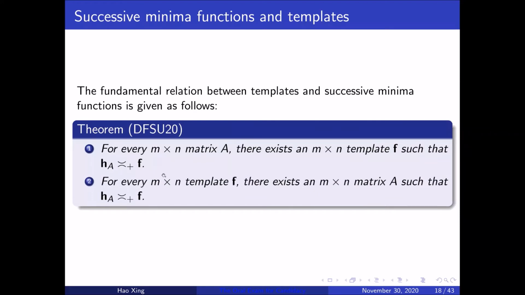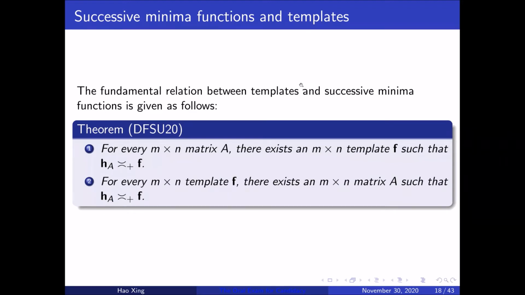And conversely, for every m by n template f, we can find an m by n matrix such that the difference between the successive minima function and f is also bounded by a constant that depends only on m and n.